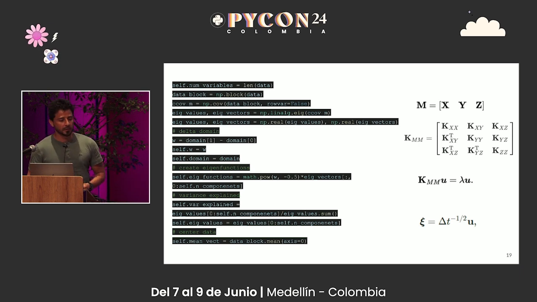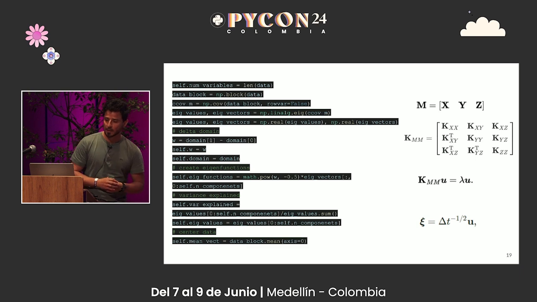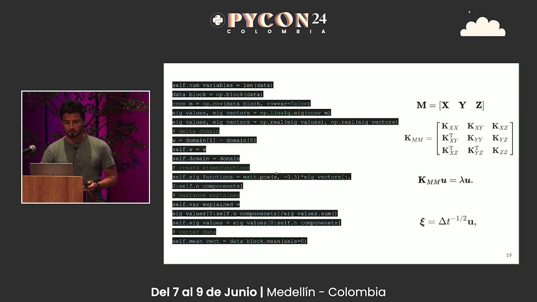So after working on that and doing my block matrices framework, for example, and going to NumPy and finding the right functions to write this, it ended up that I needed just 20 lines of code to implement this analysis. So here I put this in order with the equations to see how you can implement that.